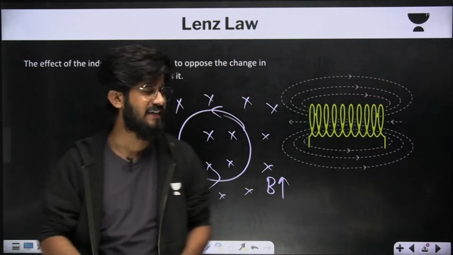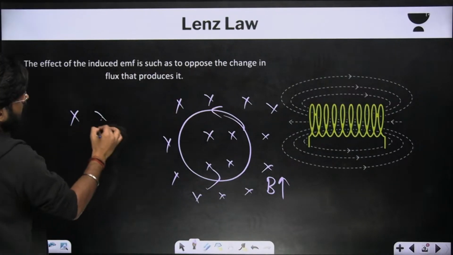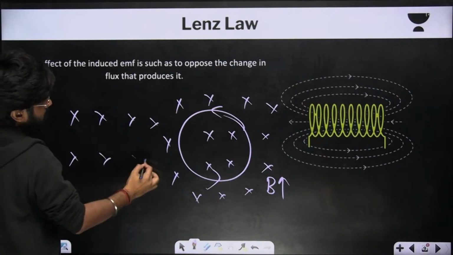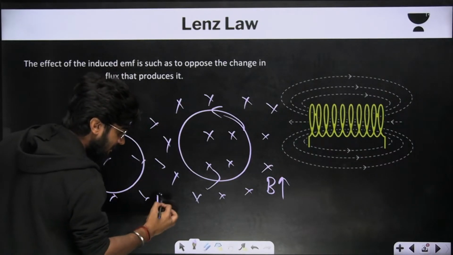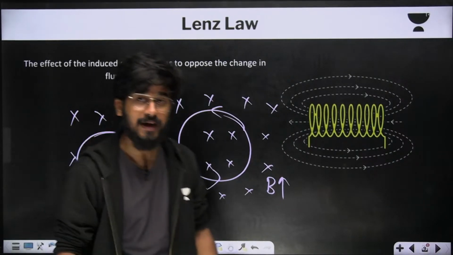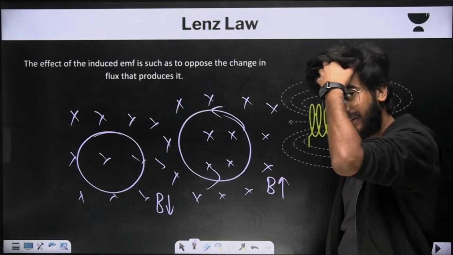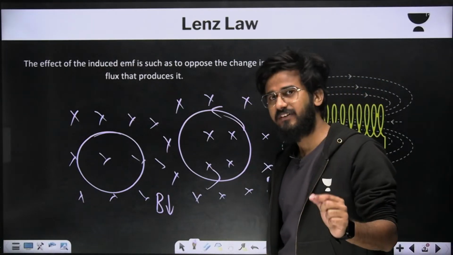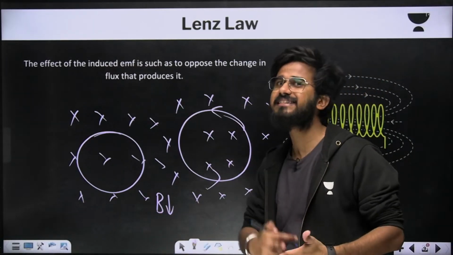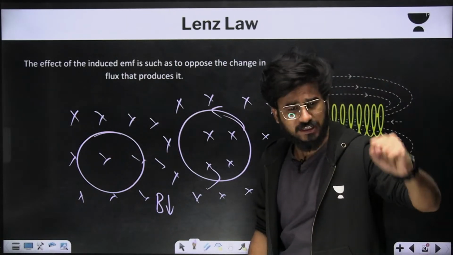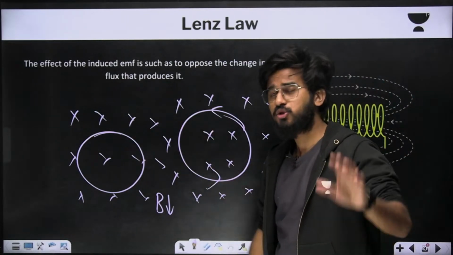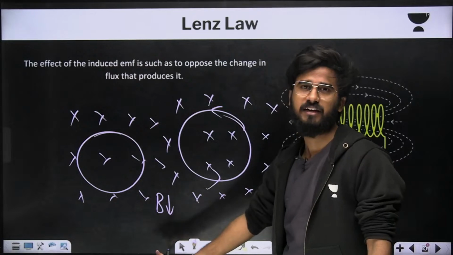Similarly, what if this is the loop and this is the magnetic field, and now the magnetic field inside is decreasing? What is the cause of this induced current? The cause is the decreasing magnetic field.